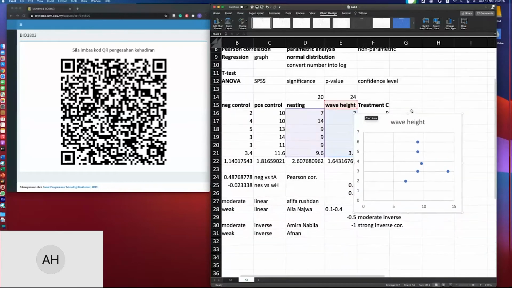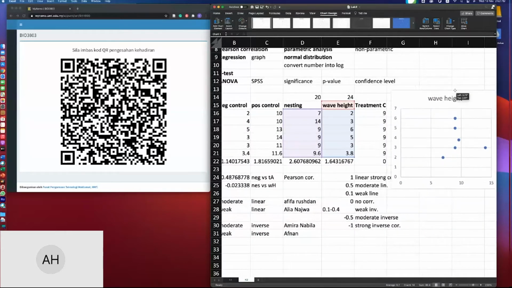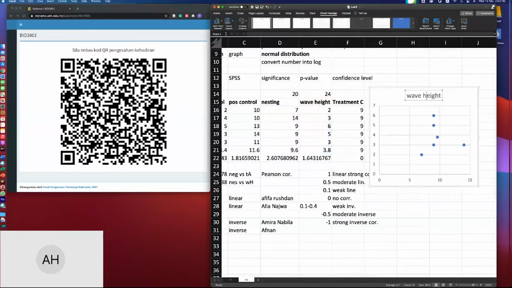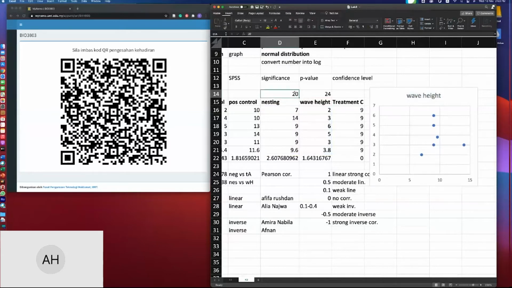Of course, these are not the correct title. You have to change the title later on. Okay, here this will be your x-axis and this will be your y-axis. If we select the dot here, you notice which one goes to which axis.